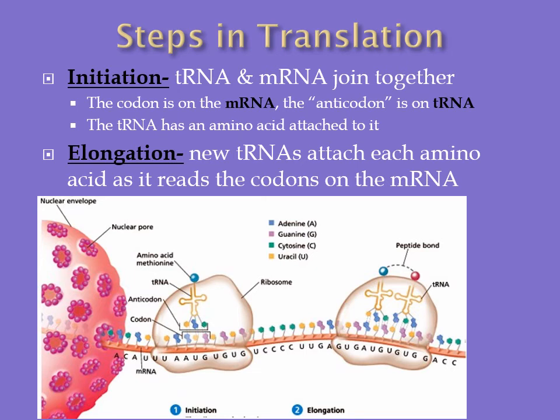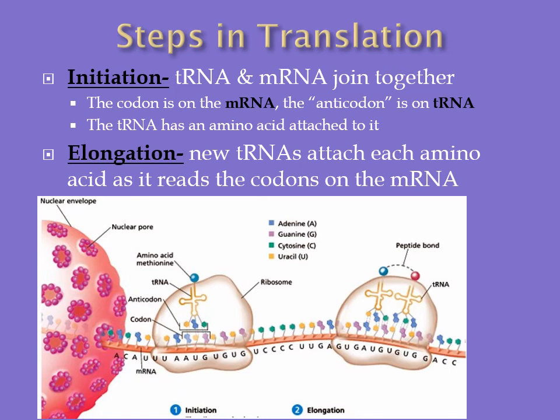We can see on that tRNA molecule, it has a round amino acid on it. Over towards the picture on the right, we can see that we're starting to build a protein. So we have that blue circle that's making it up. Now it's also being attached to a red circle, a red amino acid.